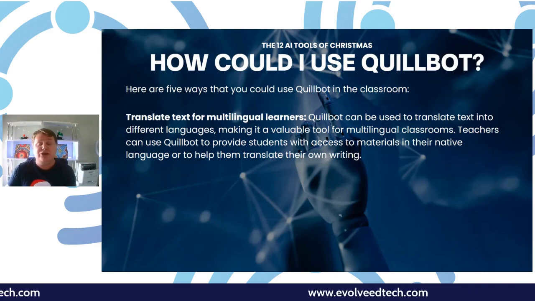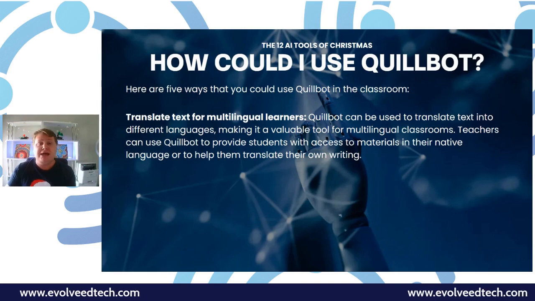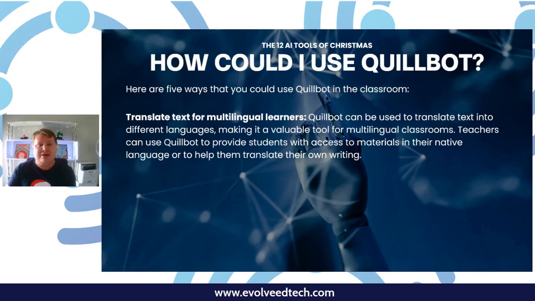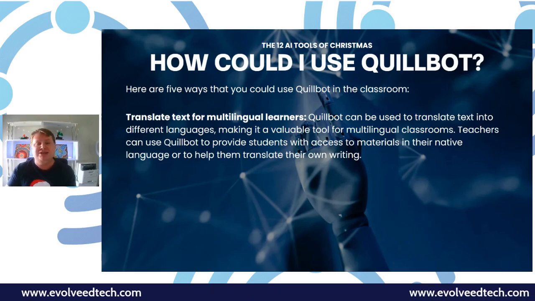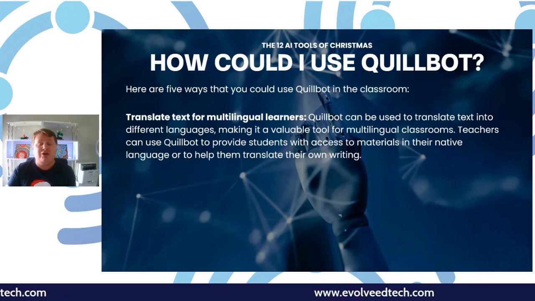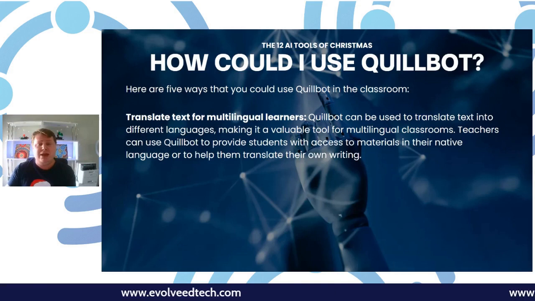Here, you can use Quillbot to provide students with access to materials in their native languages or languages that they are more comfortable in using and accessing. How fantastic is that? A really valuable and simple way to use this tool to ensure that all of our students, including those students who may not be from the same language background natively as you are, being able to access their learning efficiently and effectively.